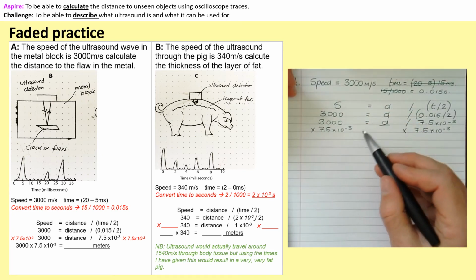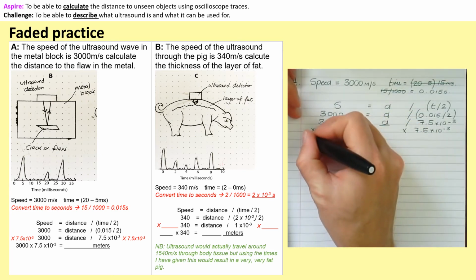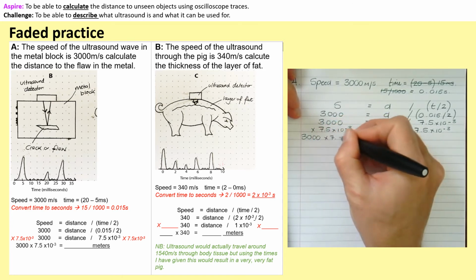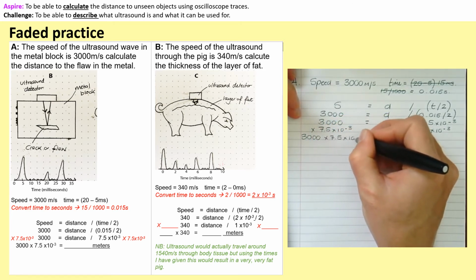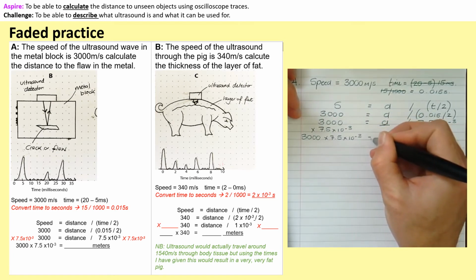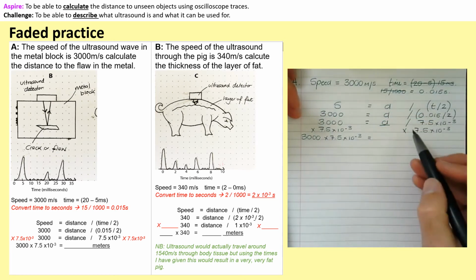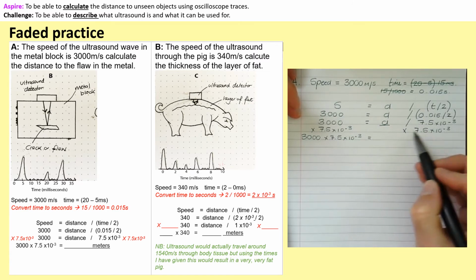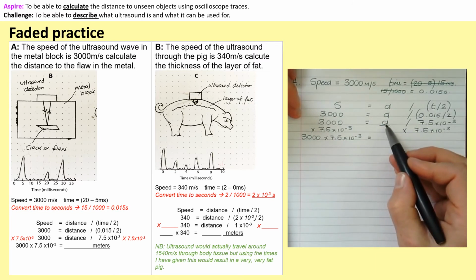Okay, again, let's simplify this down. 3,000 times 7.5 times 10 to the minus 3 equals, and we've got distance divided by this times this. So this is going to cancel each other out, so that's going to leave us just with the distance.